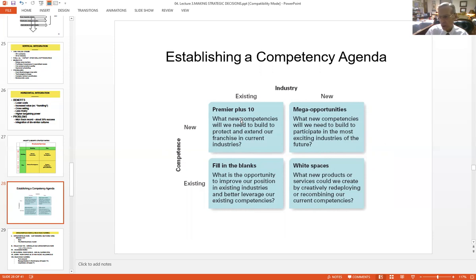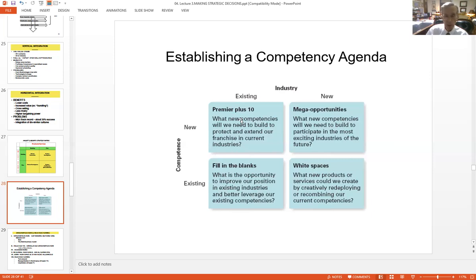And then there's the mega opportunity. These are very rare, where we develop new competences for altogether new industries. And here I sometimes think about the high-tech medicine, the ability of Monsanto to develop hybrid seeds for the agricultural industry.